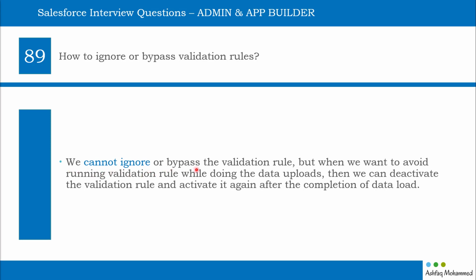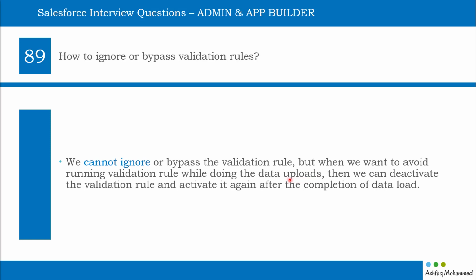So we cannot ignore or bypass the validation rule, but sometimes we want to avoid running validation rules while doing a data upload, like a bulk upload on accounts. The data I'm loading might not fulfill all the validations, and I don't want my validation rule to stop loading the data.